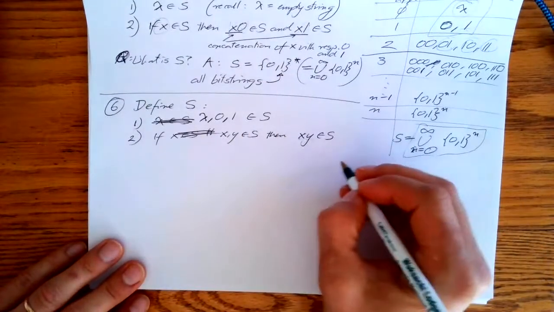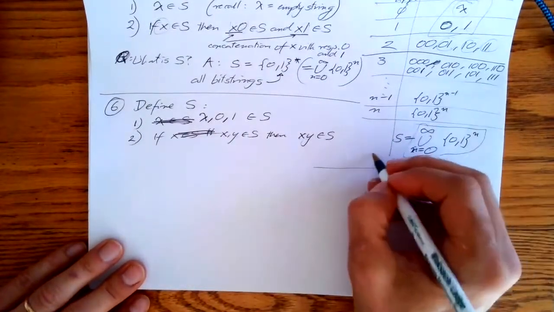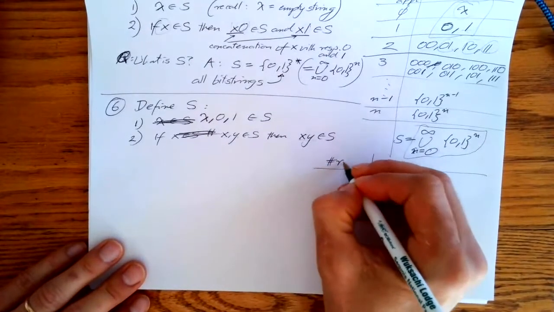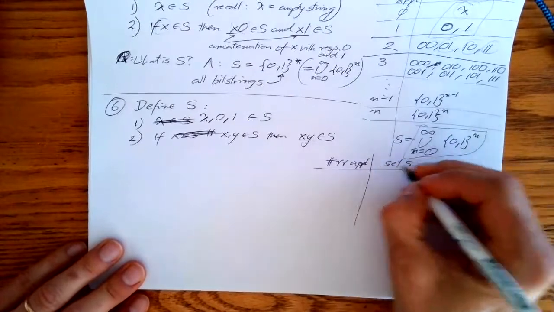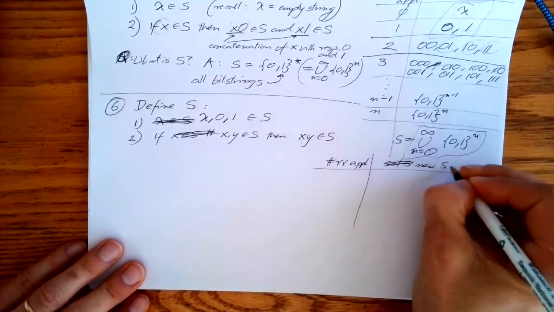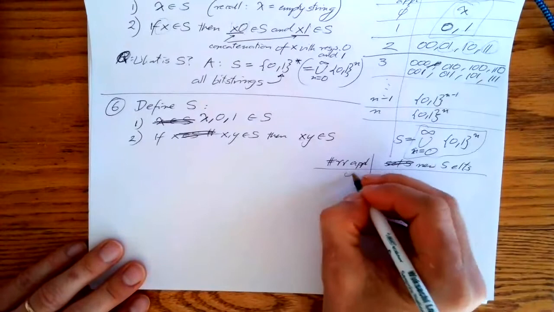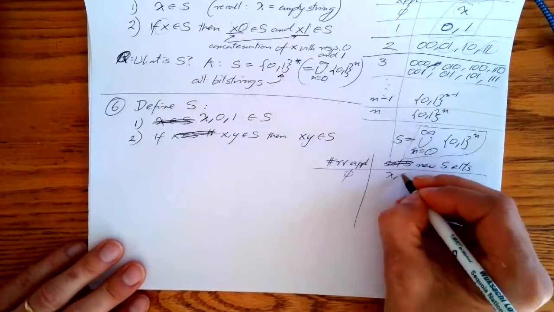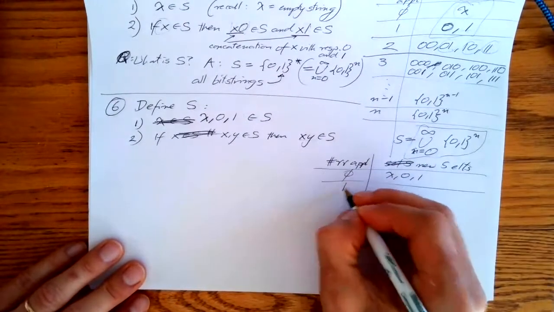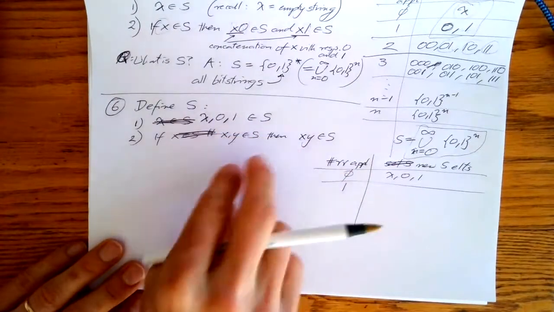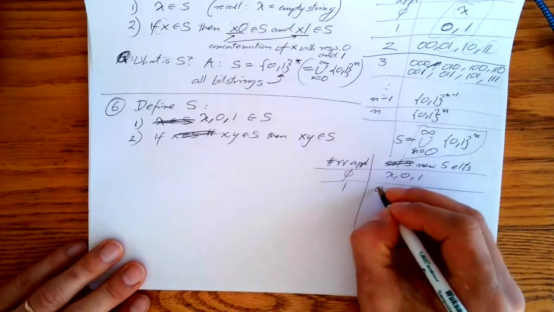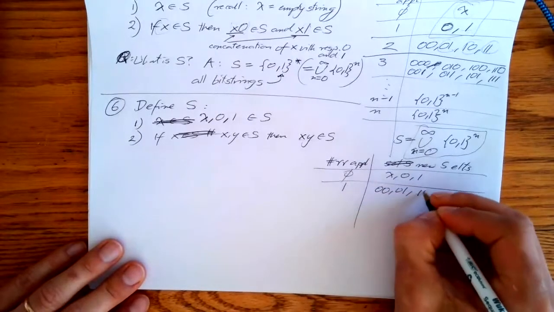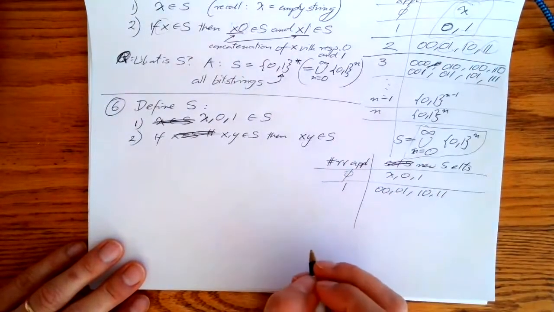This is the number of recursive rule applications and new S elements. In the base case, I get lambda, 0, and 1. I use the rule once, and what do I get? Any combinations of the stuff concatenated. So I'm going to get all bit strings of length 2, right?